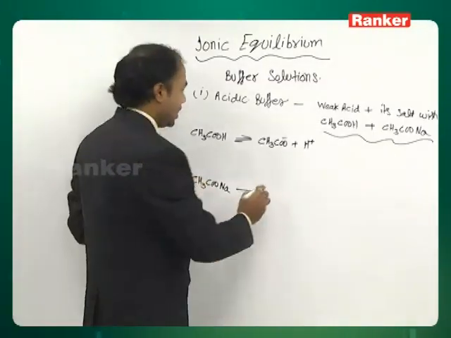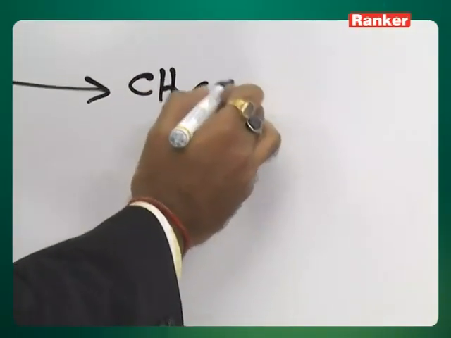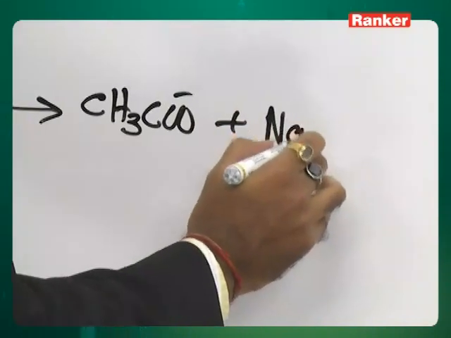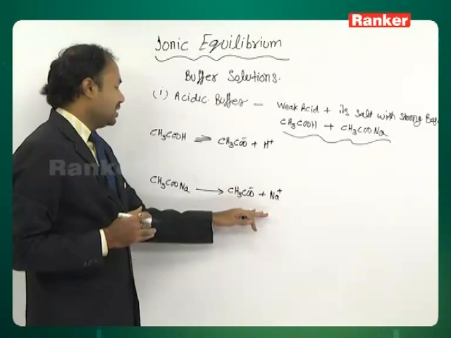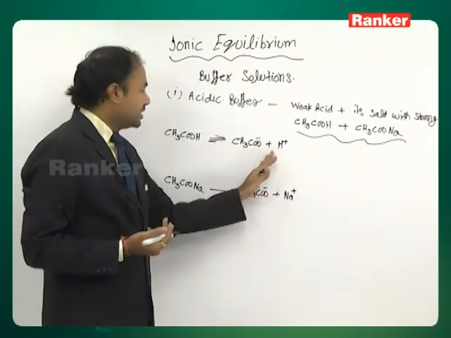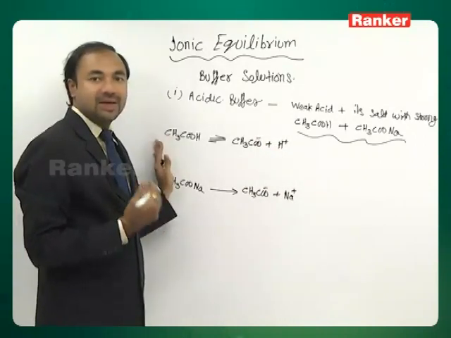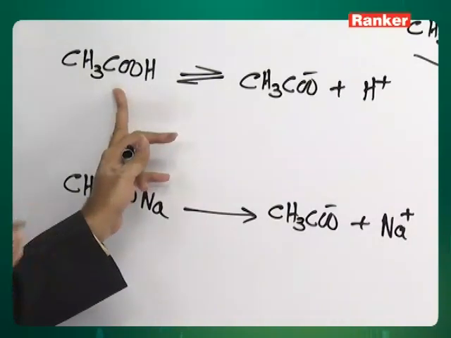So we get here acetate ion and sodium ion. Now, one thing to understand here, in presence of acetate ion, which is a common ion in the equilibrium, this equilibrium will shift backward. As a result, the degree of dissociation of acetic acid is going to get suppressed further.